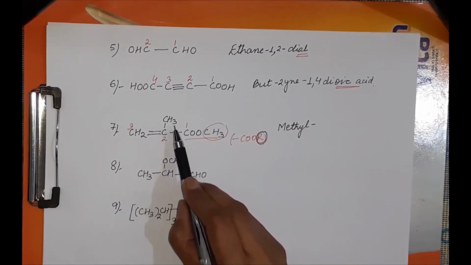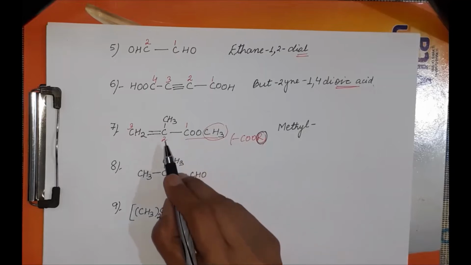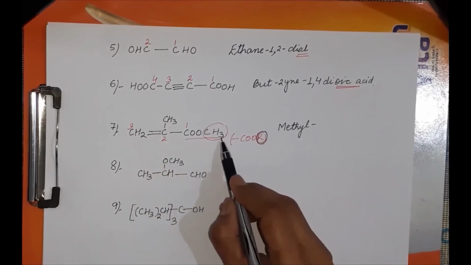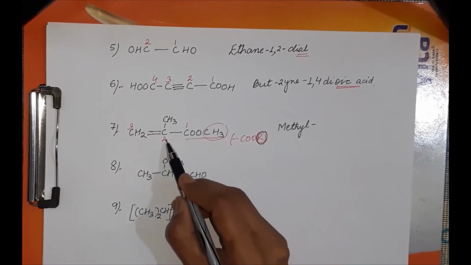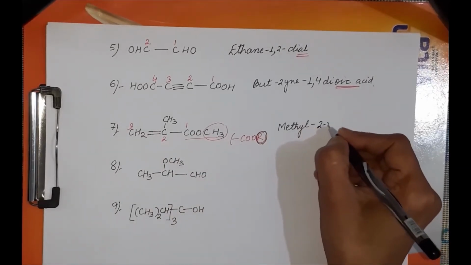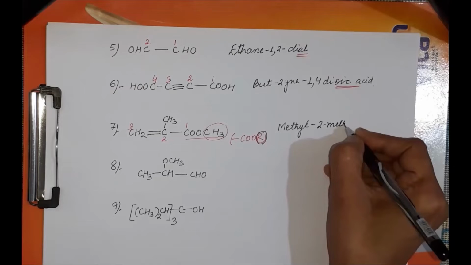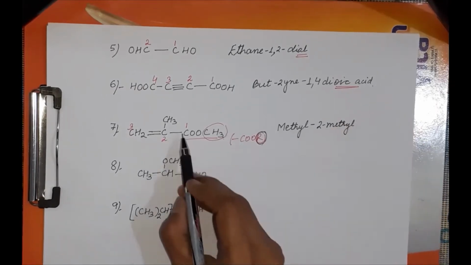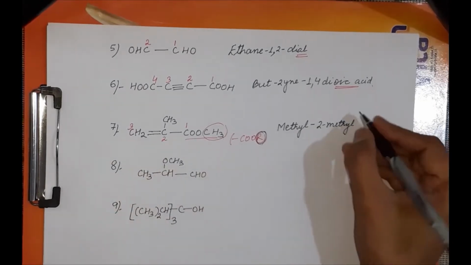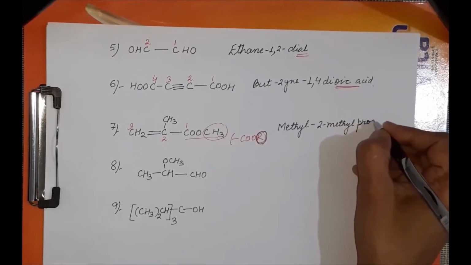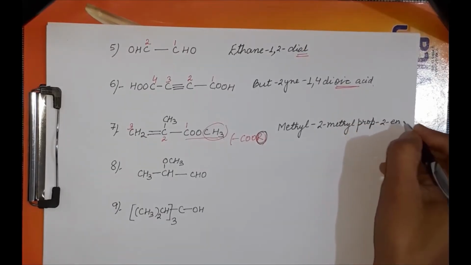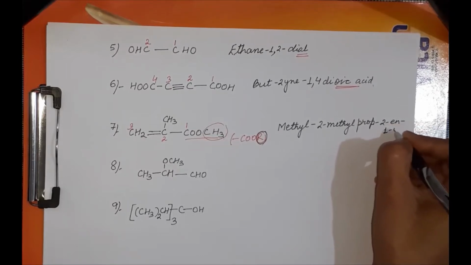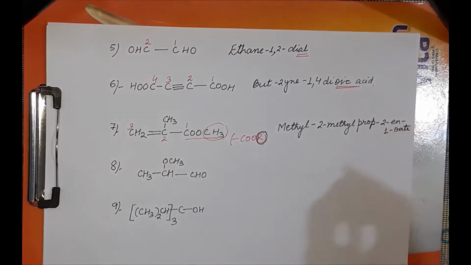At position 2 we have a methyl group, again methyl, so 2-methyl. It is a 3 carbon atom chain, so this is prop-2-en-oate. So this will be the name.